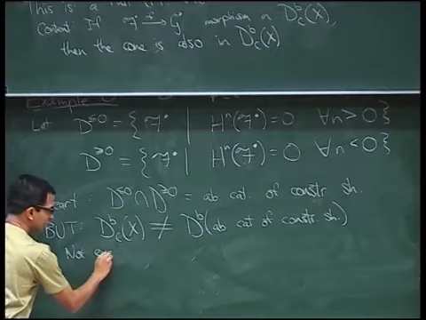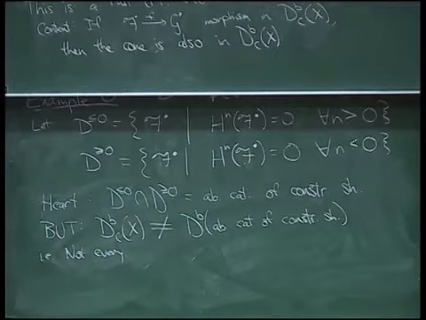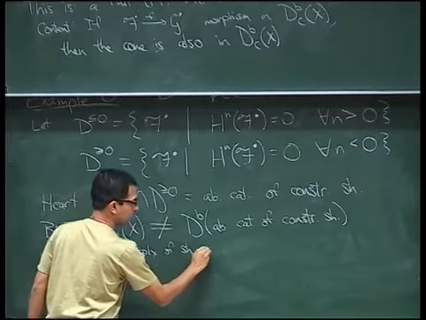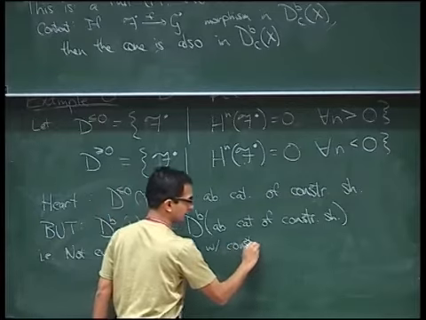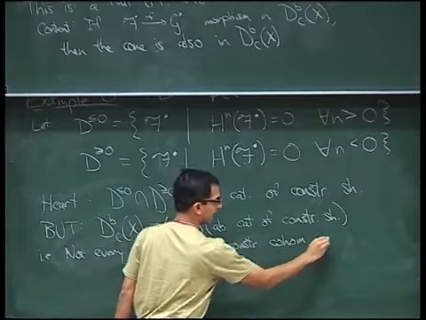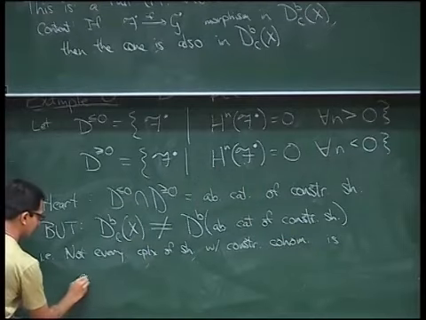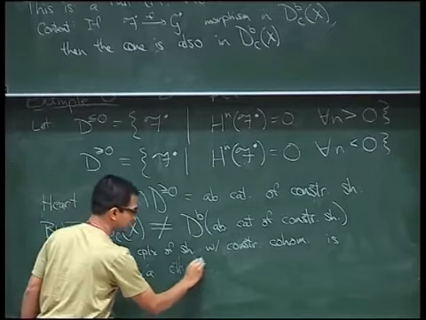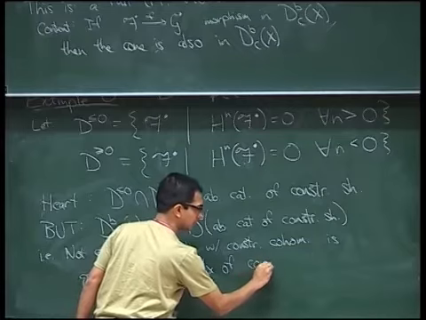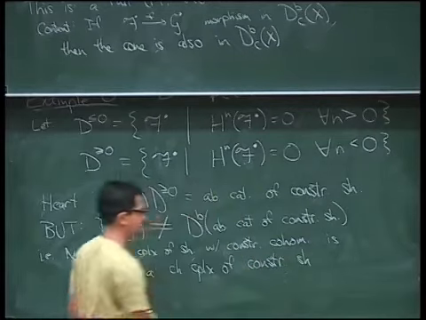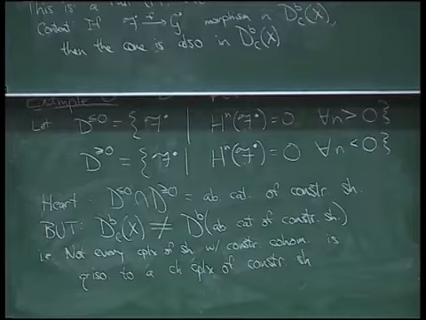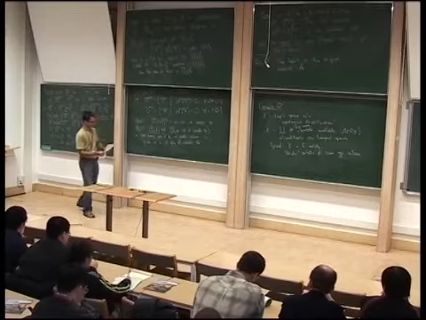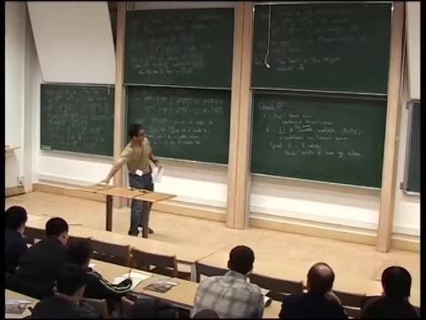To say that these are not equivalent is essentially to say that not every complex of sheaves with constructible cohomology is quasi-isomorphic to a chain complex whose actual terms are constructible. So this is our first example of a triangulated category which is not a derived category.